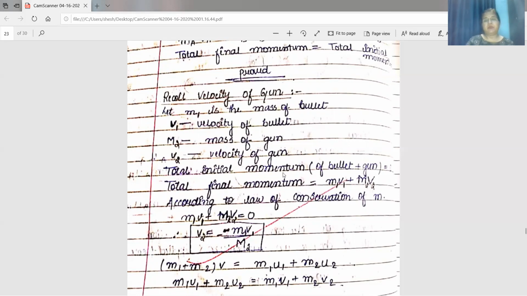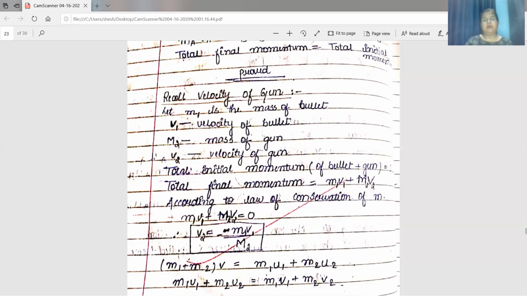So the total initial momentum of bullet plus gun: the mass of the bullet is m1 and its initial velocity u1 is 0. The bullet is at rest and the gun is also at rest. The velocity of the gun is also 0. So the total initial momentum of gun plus bullet is 0.